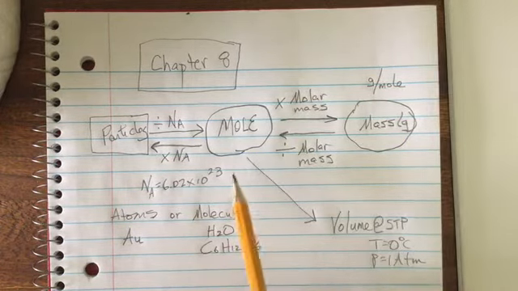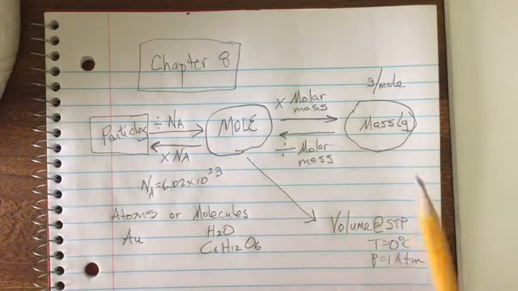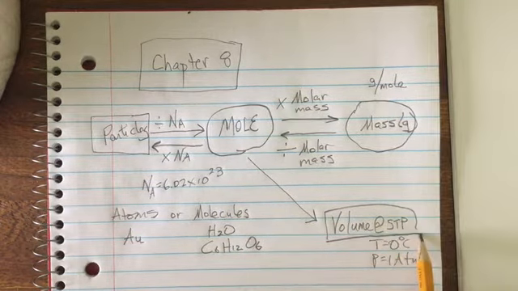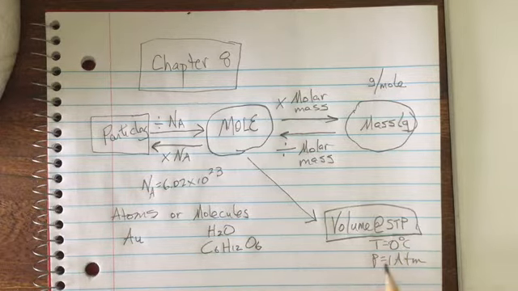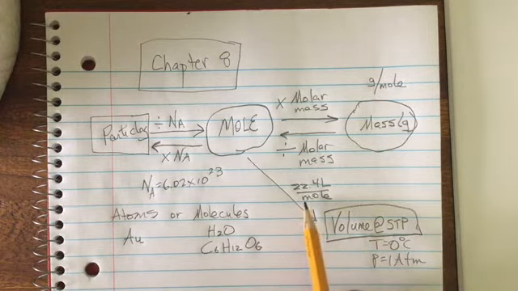There's one more direction I can go in my flow diagram, and that's between moles and volume. Volume at STP. STP is a term used for standard temperature and pressure. That's when temperature equals 0 degrees Celsius and pressure equals 1 atmosphere. To travel this direction in our flow diagram involves using the unit factor of molar volume.